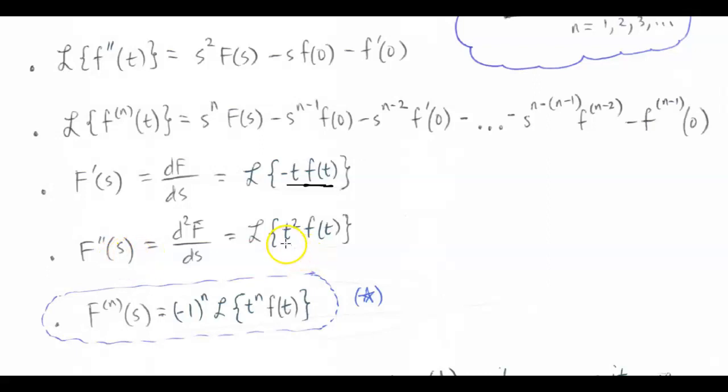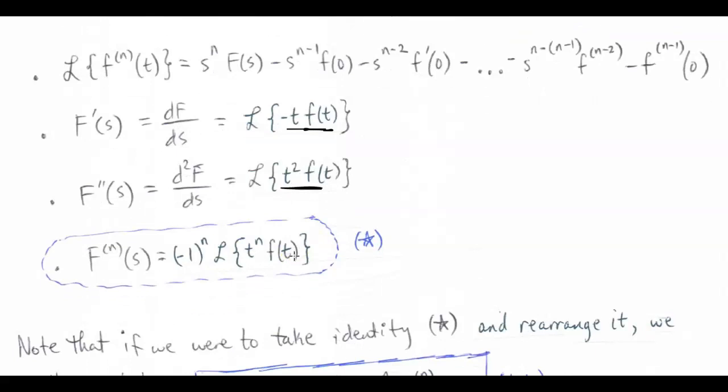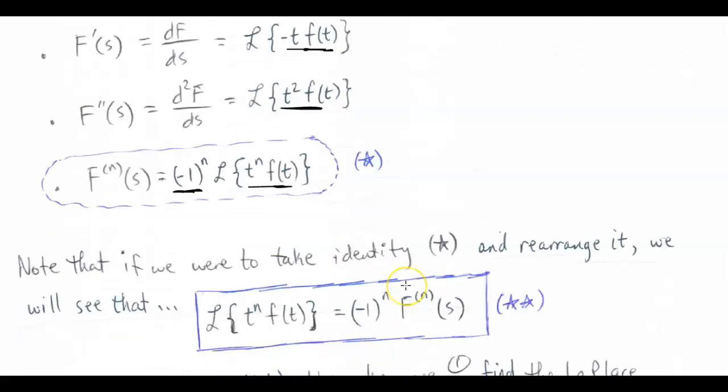The second derivative, the function inside here is t squared f of t. And for the nth derivative, we see there's going to be t raised to the n f of t inside of here. But of course, we have this negative 1 raised to the n. If n is odd, then of course it's negative. If n is even, it's going to be positive.